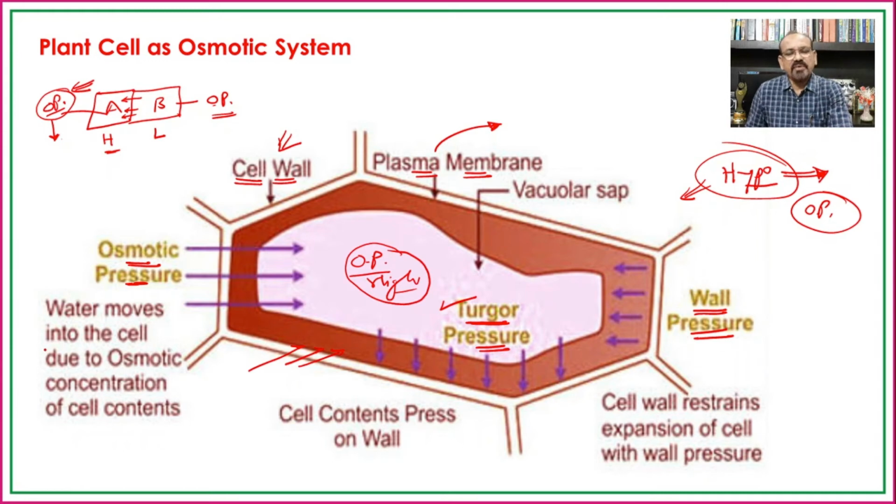If the cell is fully turgid, at that time we can say that the turgor pressure will be equal to the wall pressure. All these factors will be useful in understanding upcoming topics like the diffusion pressure deficit and the water potential. Here we are able to understand that if the cell has the higher osmotic pressure, then it can absorb water, but the osmotic pressure alone is not responsible for the absorption of water by the cell. That we will see in a subsequent lecture.